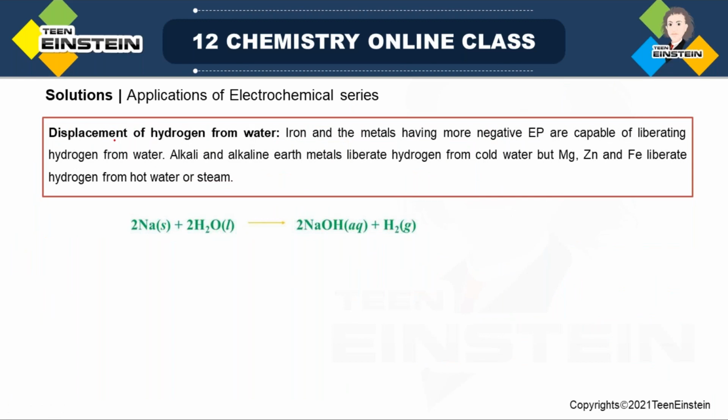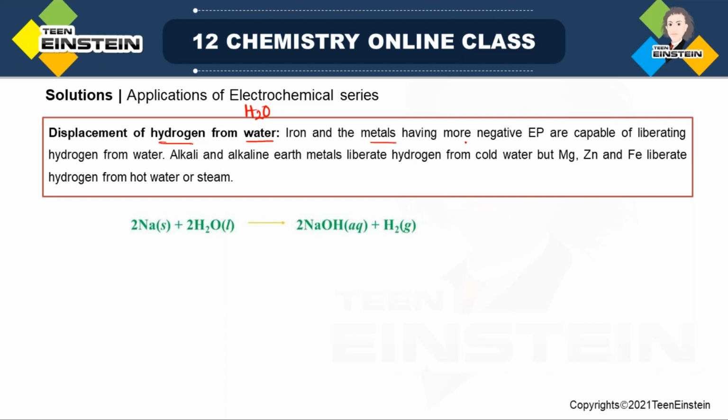Now the last type of displacement that we'll see here is displacement of hydrogen from water. In water, the oxidation state of hydrogen is +1. Now if hydrogen is removed in the form of H2, that means from +1 it is converted to H0, that is reduced to H0.